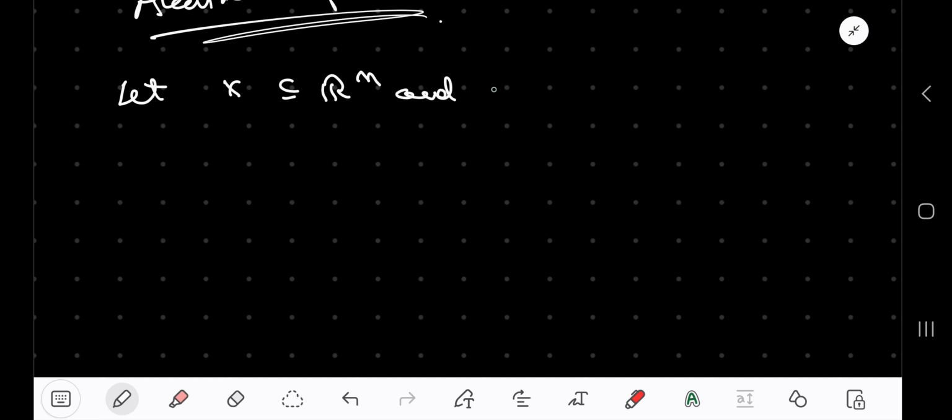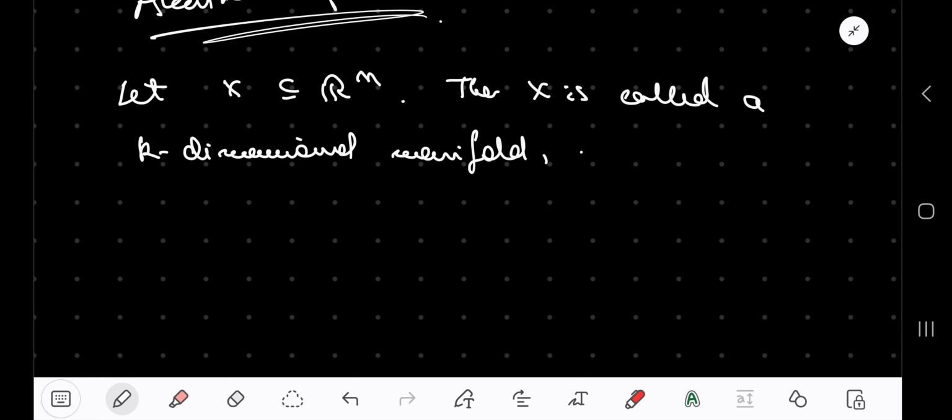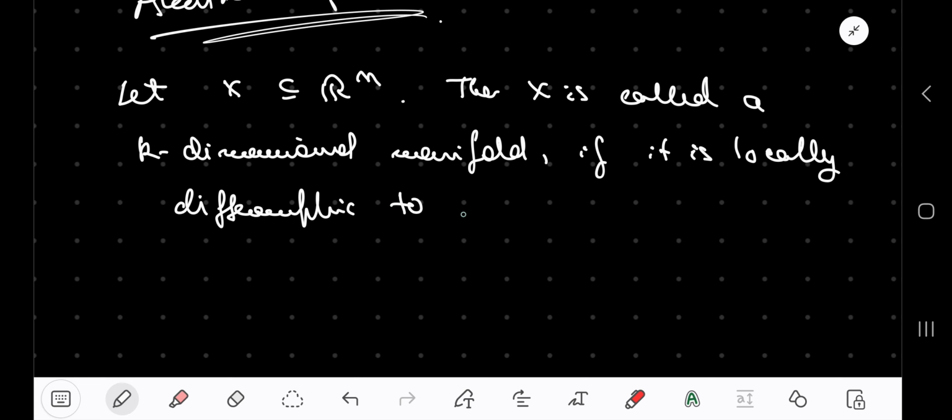Then X is called a k-dimensional manifold if it is locally diffeomorphic to Rk.